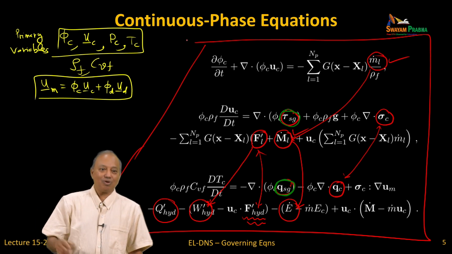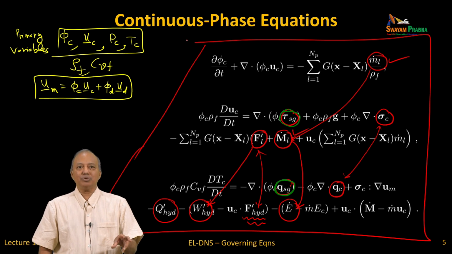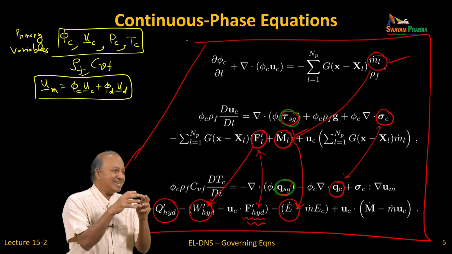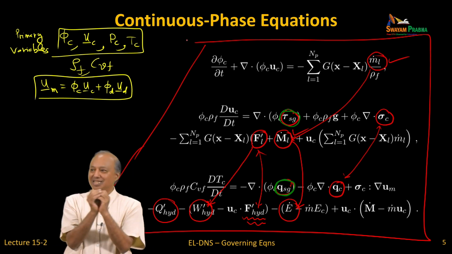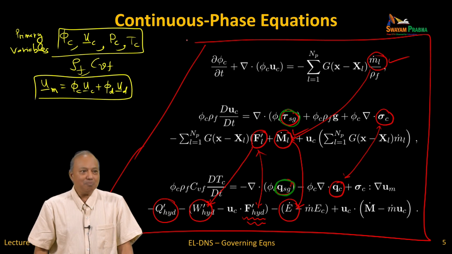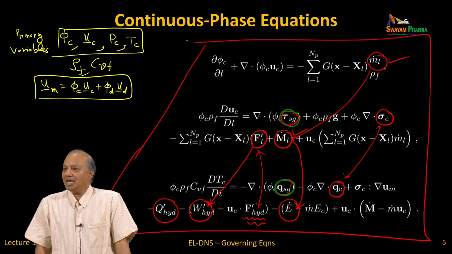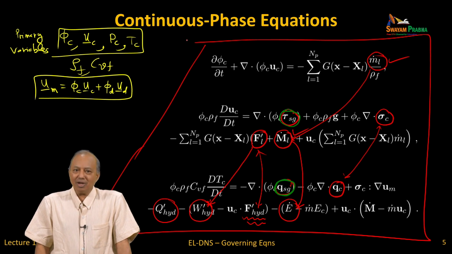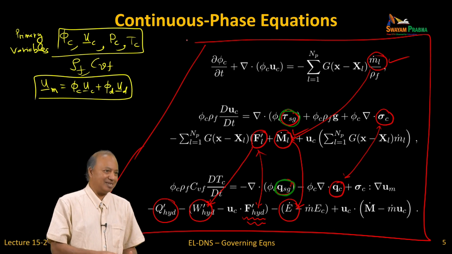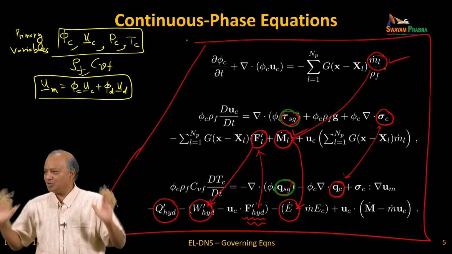That is where the closure model, all these circled terms are supposed to take care of what happened within the cell, subgrid. That's why I said if these models are perfect, then your Euler-Lagrange is perfect. Only thing it misses is all those small eddies. But whatever you're computing, it is as good as you can. There's nothing you can do better.